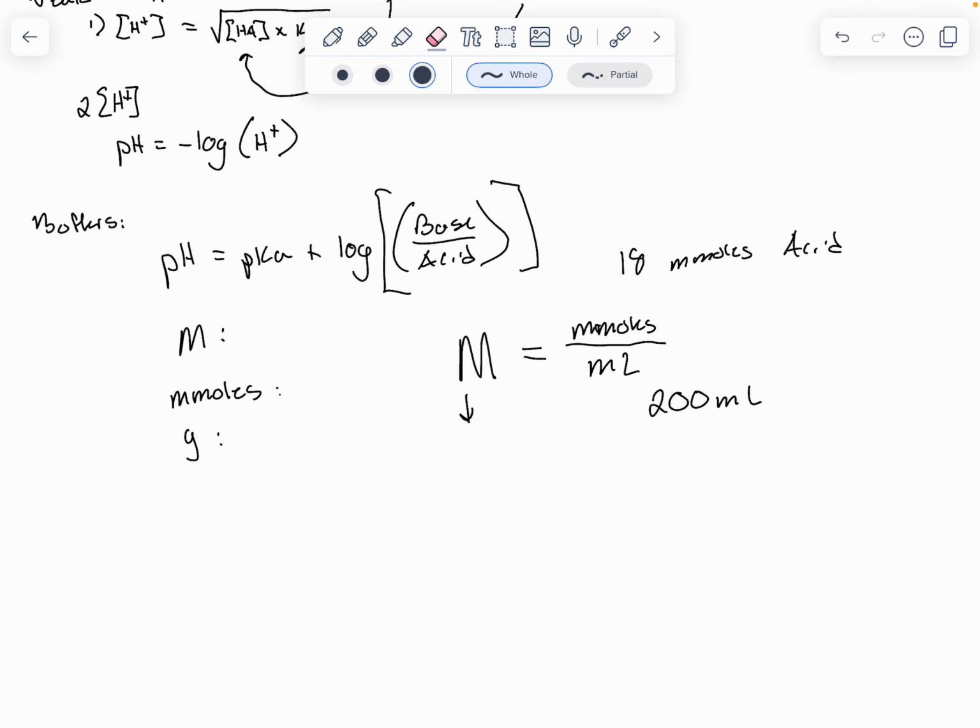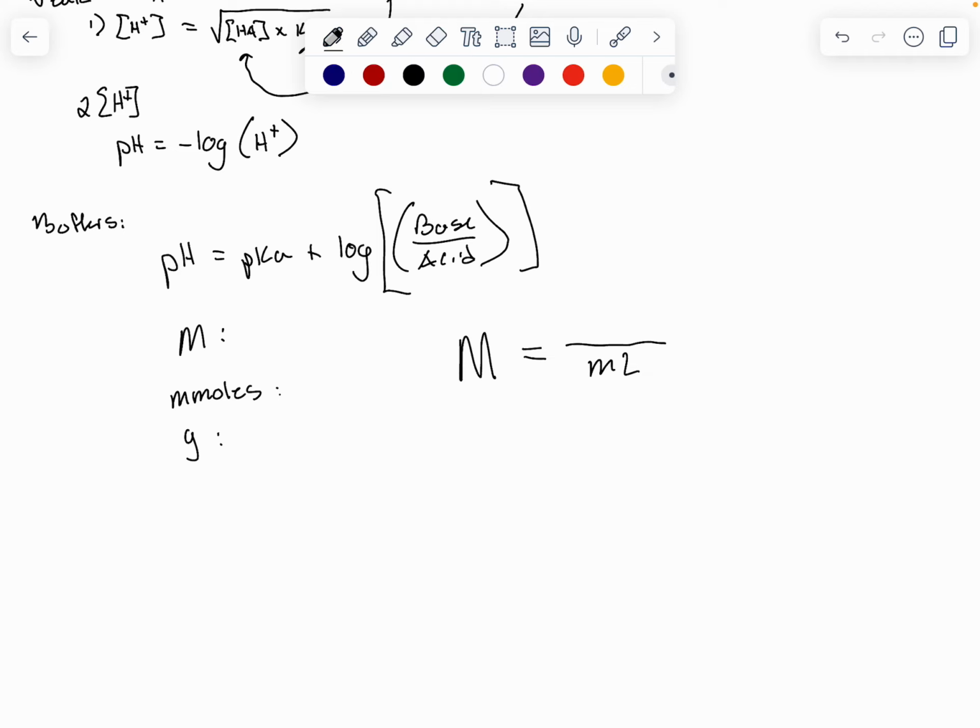And let's say you want to follow my footsteps and do everything in millimoles. So let's say we don't know how many millimoles we have. Let's say instead we have a 0.2 molar concentration of an acid, and we don't know how many millimoles, but we know we have a 200 milliliter solution. So let's find some millimoles.